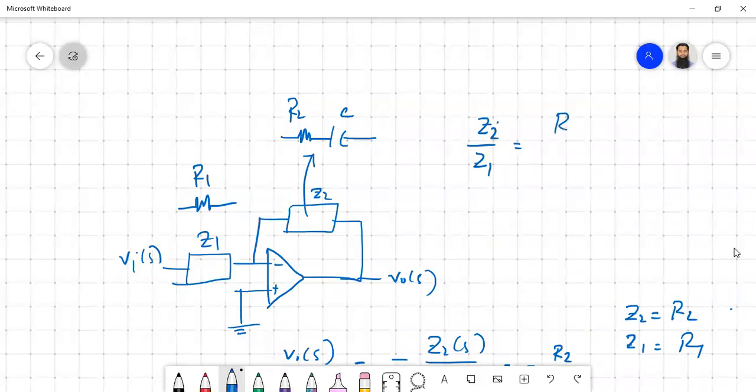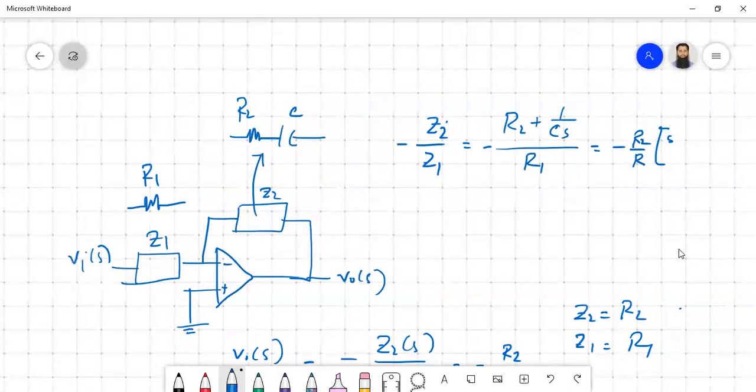Z2 is R2 plus 1 by CS, divided by R1. If you simplify a bit, don't forget the minus sign, which is because of the inverting amplifier, you get minus R2 by R1 times S plus 1 by R2C, over S.